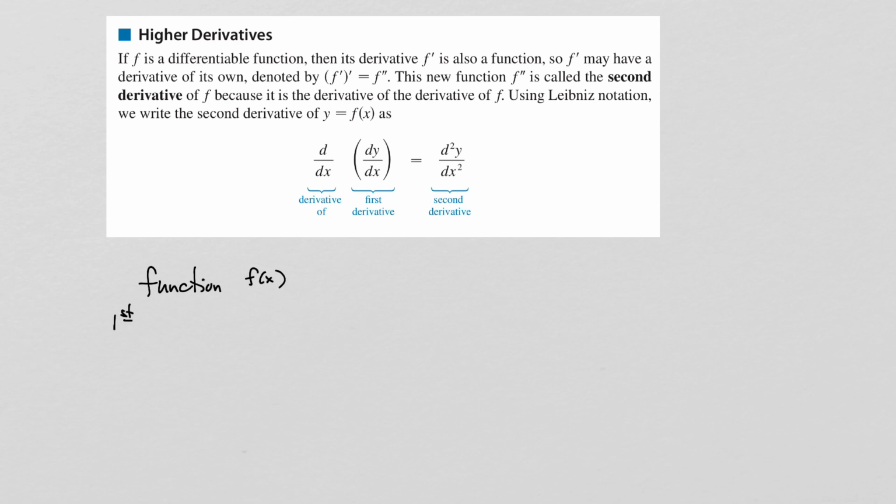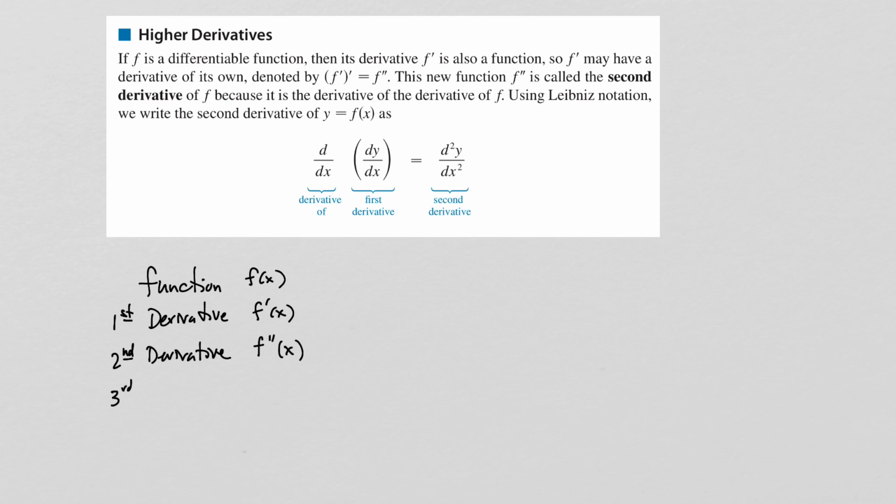The derivative, or I might call it the first derivative of that function, is f prime of x. Now, if I regard this as its own function and I take the derivative of the derivative, that is known as the second derivative of the original function. And the second derivative has notation f double prime.